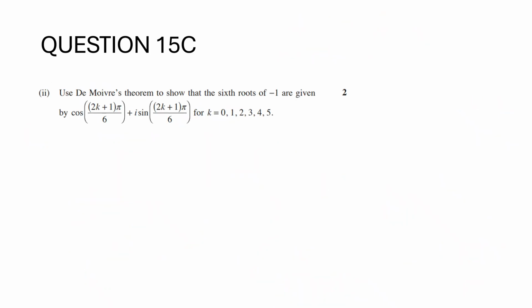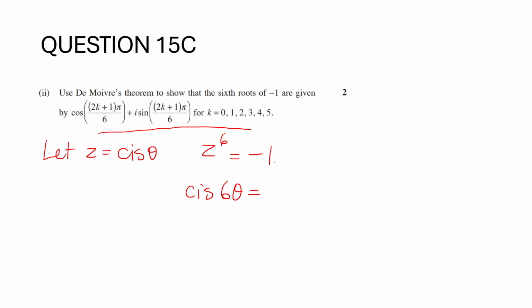Part 2, use de Moivre's theorem to show that the sixth roots of -1 are given by this. So we're going to let z equal cis theta, and we know that z to the power of 6 will equal -1. So we can say that cis 6 theta is equal to cis pi.